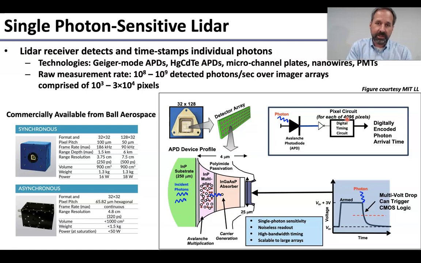These are small and simple enough that you can fit them behind every pixel. And what comes out is a digitally encoded photon arrival time for each one of these photons that you detect. So you can make big arrays, you have low timing jitter, and you have good sensitivity to single photons. And these are commercially available. So we can get measurement rates on the order of 100 million to a billion detected photons per second.